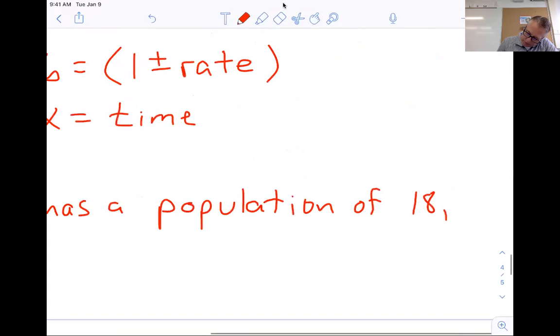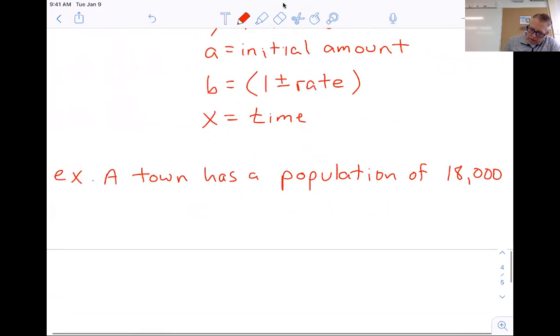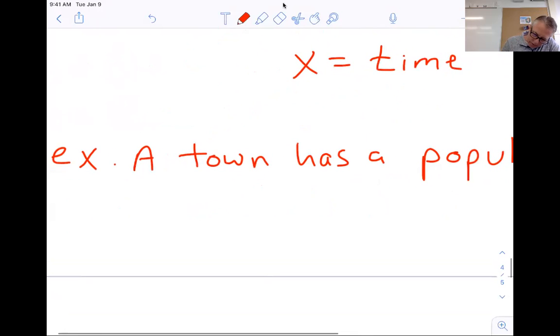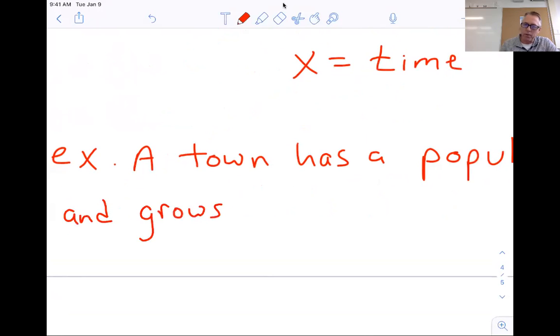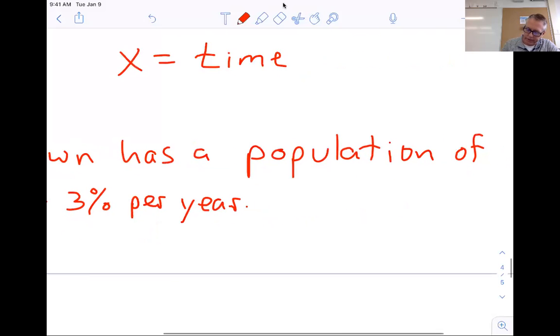A town has a population of 18,000 and grows at 3% per year. What is the population in, let's say, 6 years?